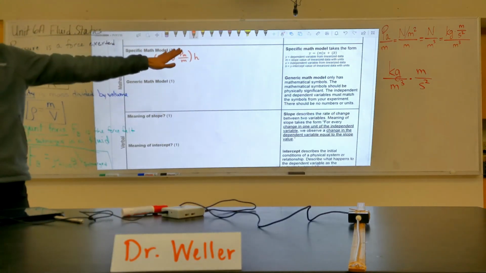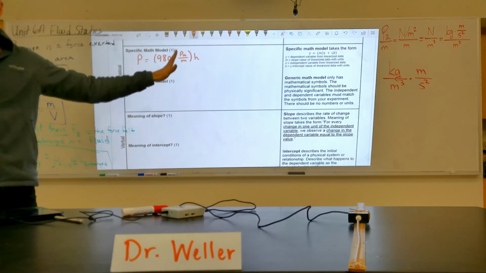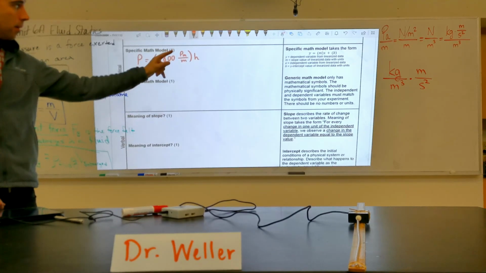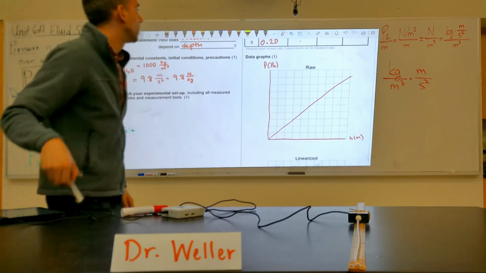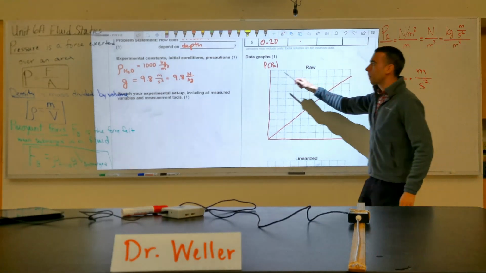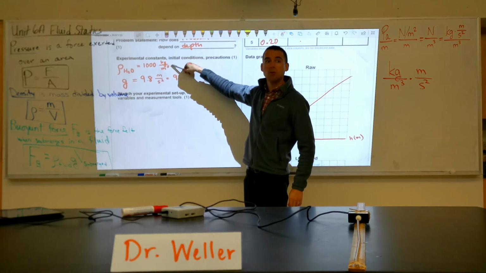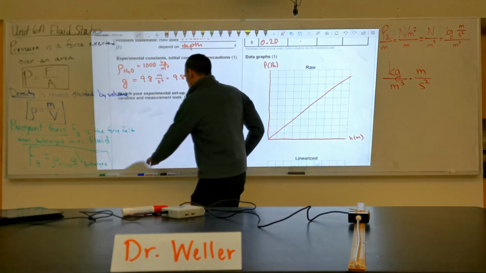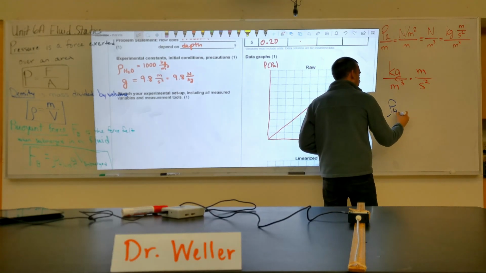When I write it that way, it should kind of jump out at you what variables are actually hidden away inside of our slope. I'm going to look back up here. I got something that's kilograms per meter cubed. That probably matches up with the density of water, which is kilograms per meter cubed. So this one right here is the density of water.